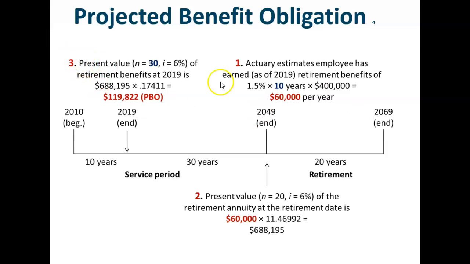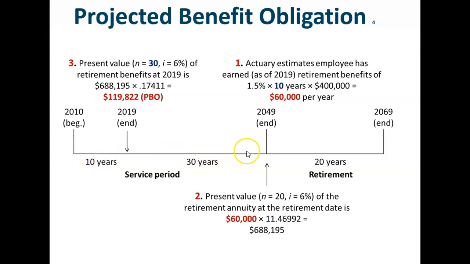Step 3. Find the present value of the retirement benefits as of the current date by discounting the retirement annuity of $688,195 for 30 years. She's going to have 40 years of service by her retirement period. She's already put in 10 years.